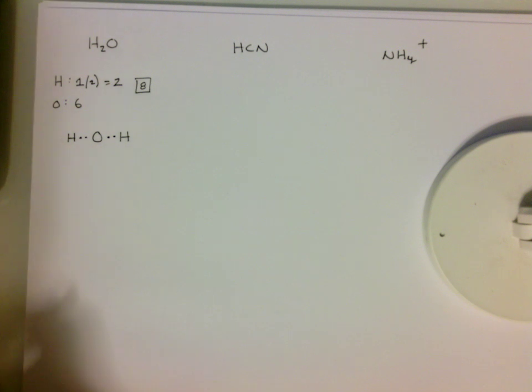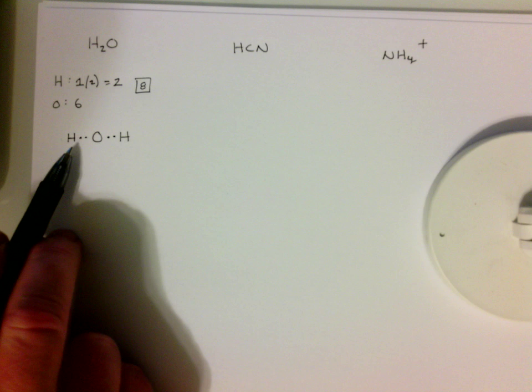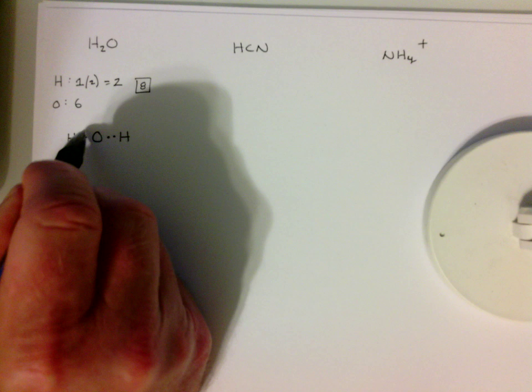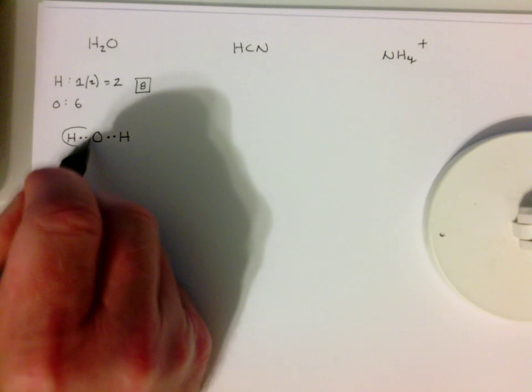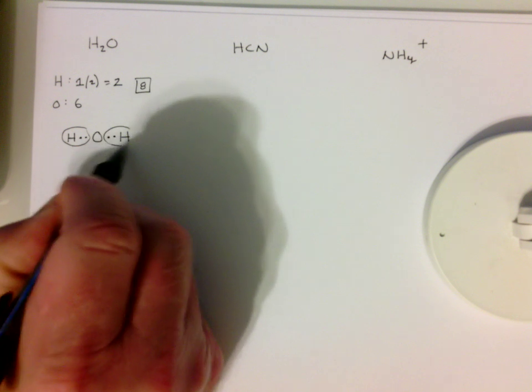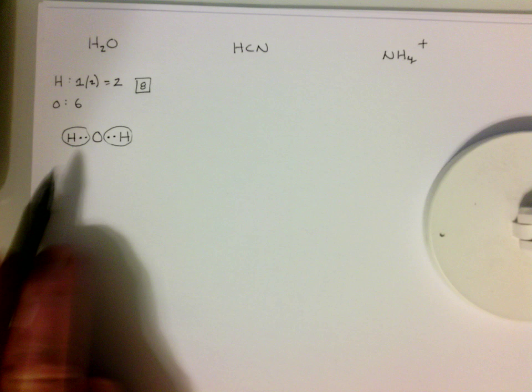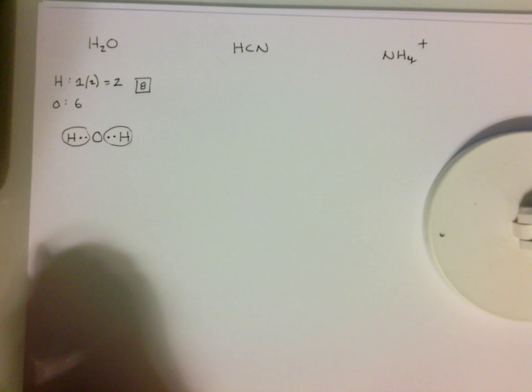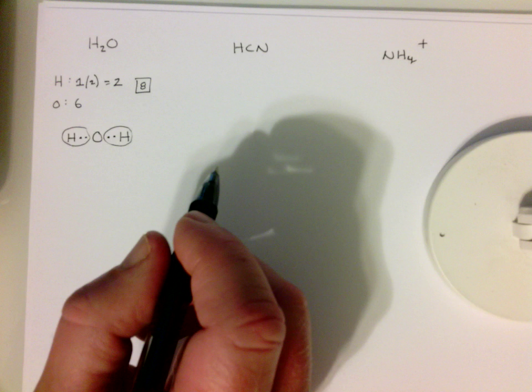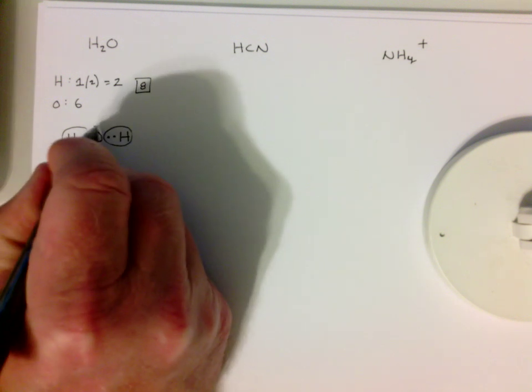Our next rule is to complete octets on the outside atoms. Hydrogen's octet is complete with 2, so it's in good shape. We've used 4 of our 8 possible electrons. We're going to add the other 4 around the oxygen to complete its octet.